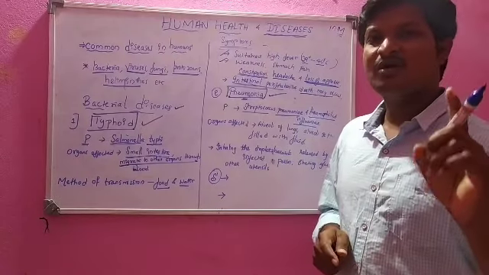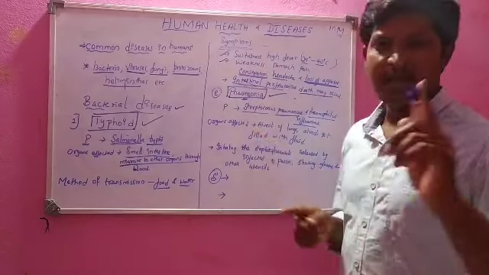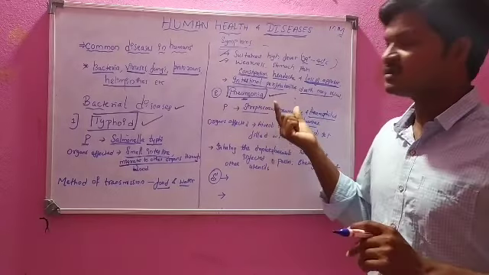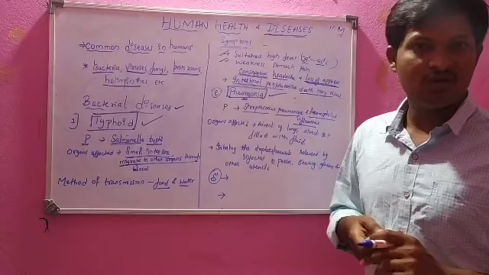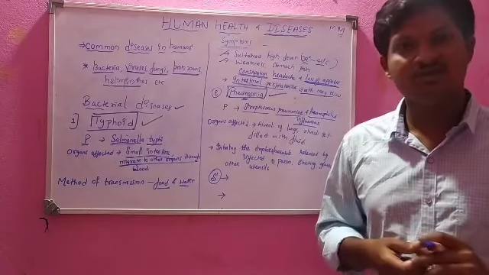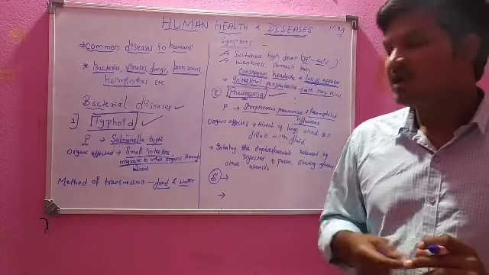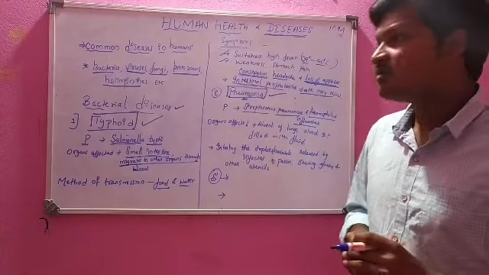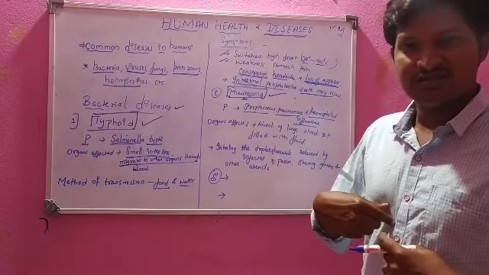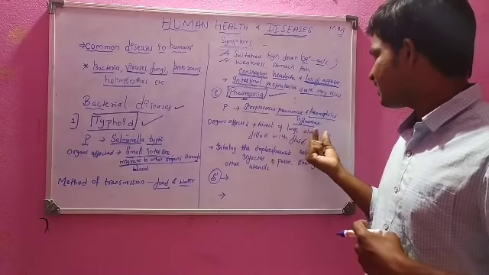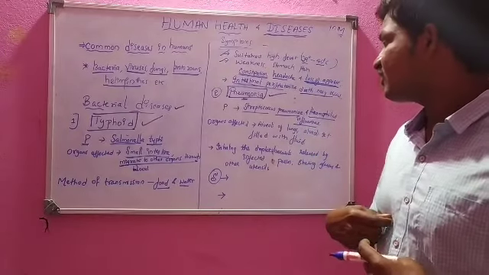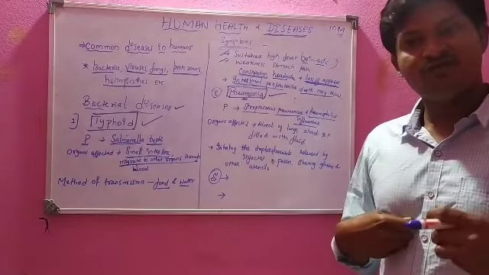You should remember these. Through these two bacteria pneumonia occurs. Next, what organs are affected? Usually the lungs, that is the lung system, and the alveoli get filled with fluid.